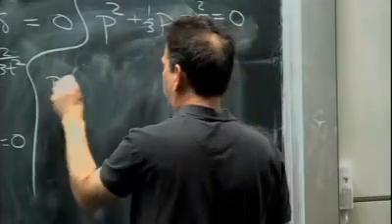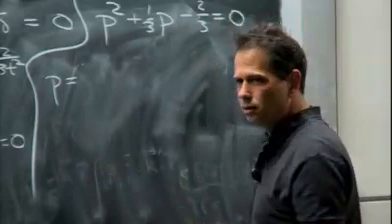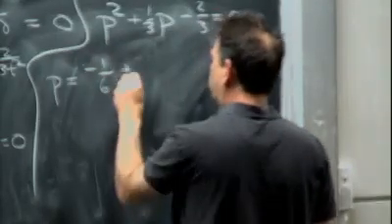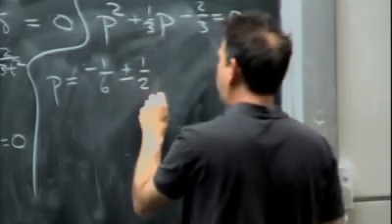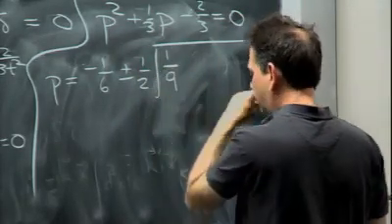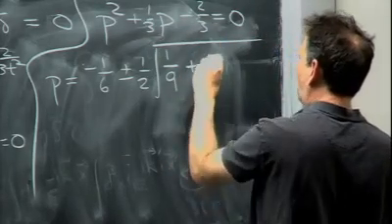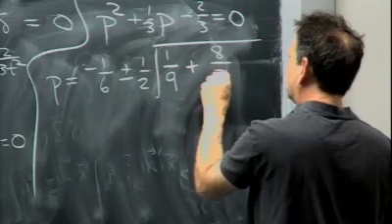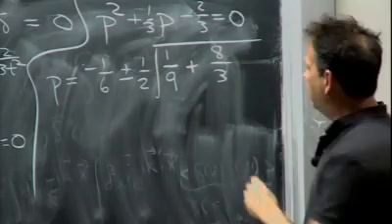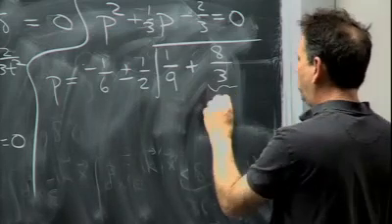So the quadratic equation tells us that p is equal to minus 1/6 plus or minus 1/2 the square root of b squared, which is 1/9, minus a times c, which is plus 4 times 2/3, which is 8/3. Do you agree? 8/3, if you multiply top and bottom by 3, is 24/9.